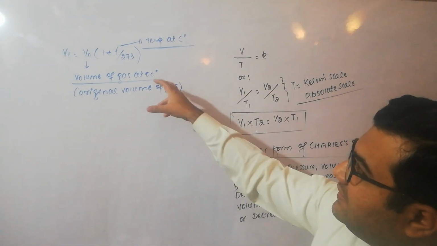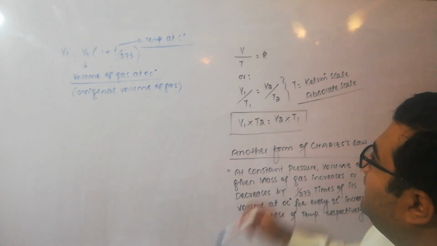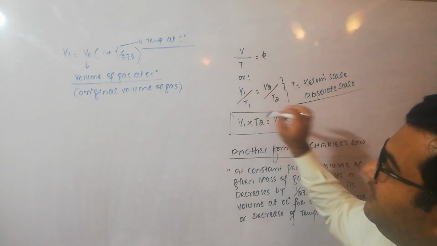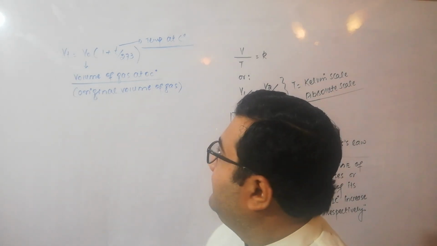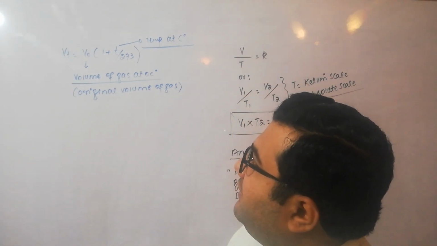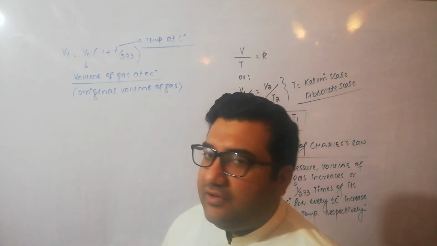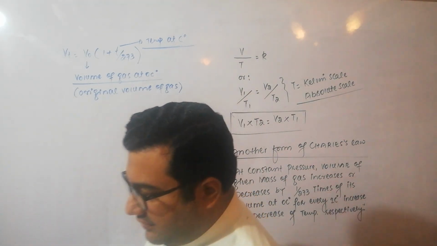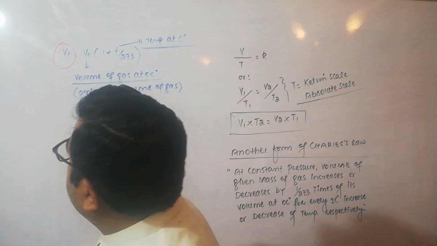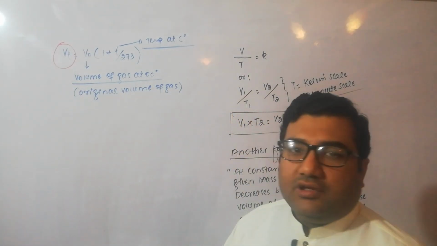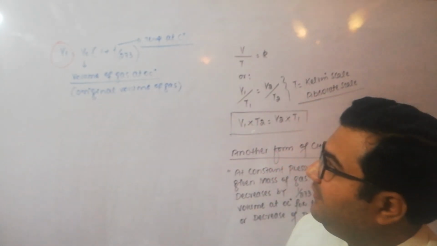So this form is valid when you take the temperature in degrees Celsius, and the earlier forms are valid when you take temperature on the absolute or Kelvin scale. This form is very important in the sense that we can find the volume of gas at any temperature t, provided that we know the original volume, or volume of the gas at 0 degrees C.